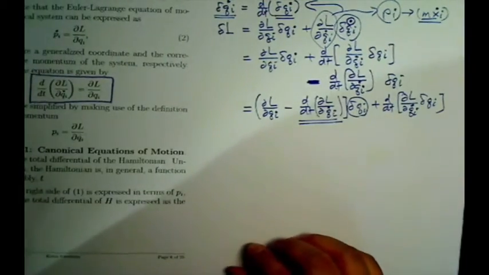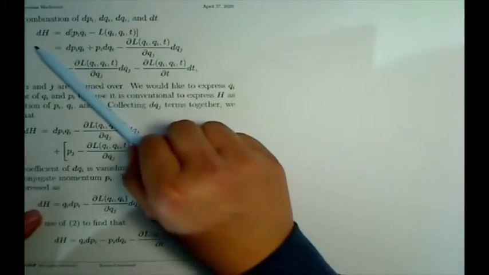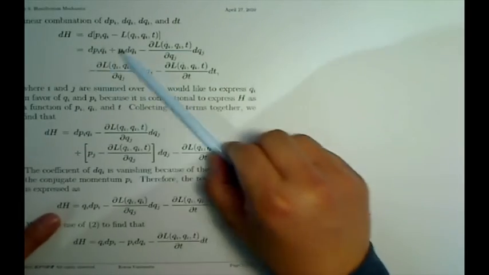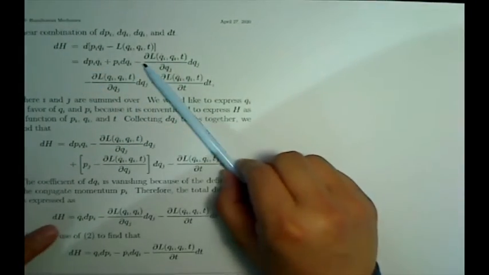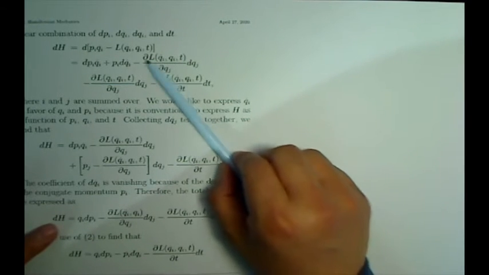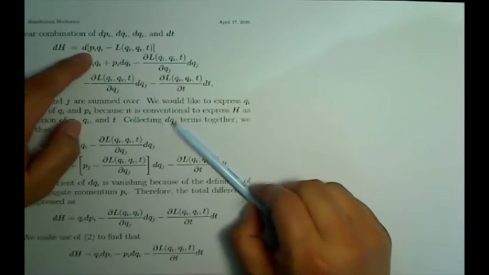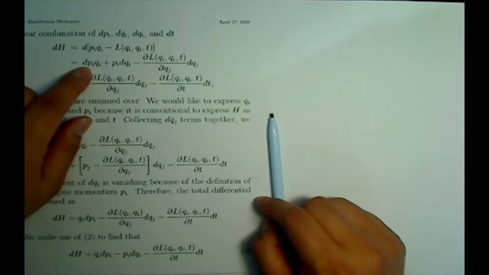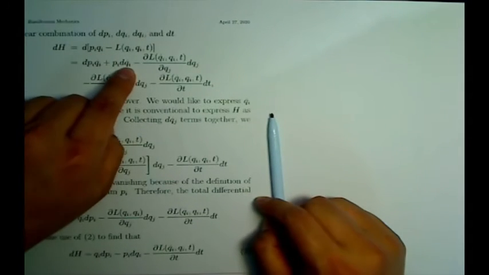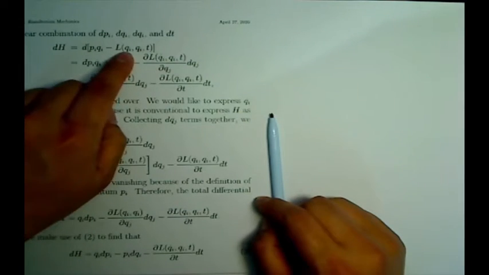Let's see. Hamiltonian, let's find out the total differential of the Hamiltonian. And the total differential of the Hamiltonian can be made, this product, so first differential and second differential, and minus Lagrangian.